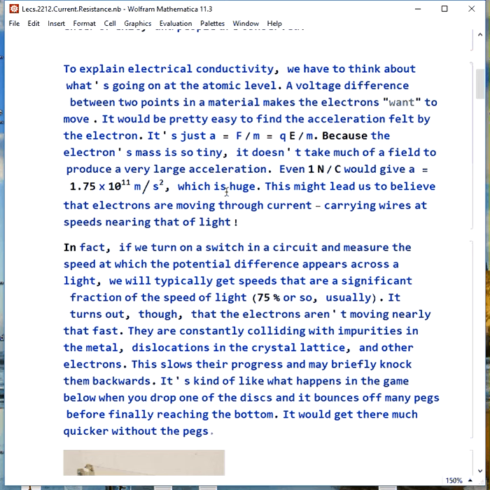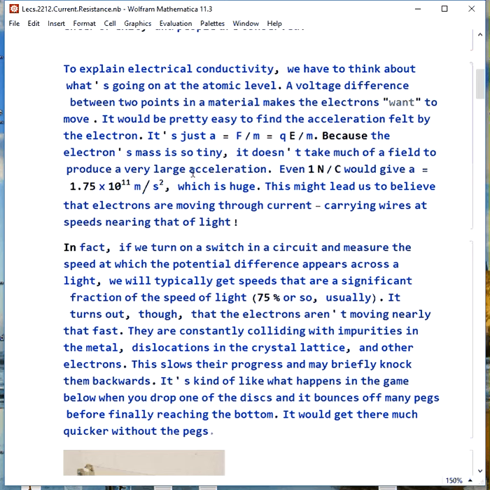The electron's mass is so tiny, even a very weak field will give it a crazy large acceleration. 1 Newton per coulomb, which is very weak, gives us an acceleration equal to 175 billion meters per second squared, which is huge. This might have you think that the electrons are moving through the wires, approaching the speed of light if they're under this ridiculous acceleration.